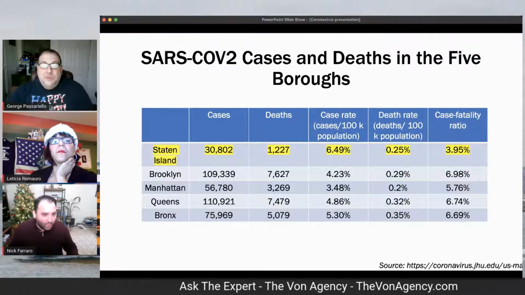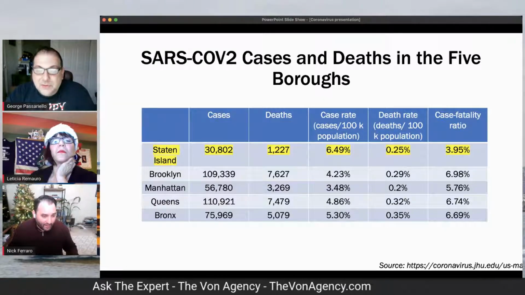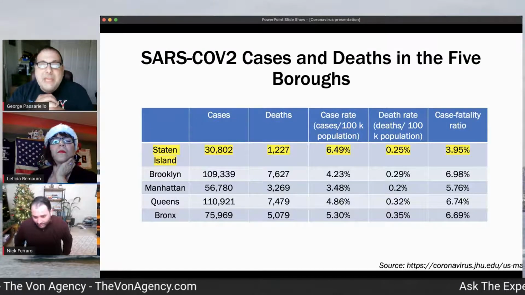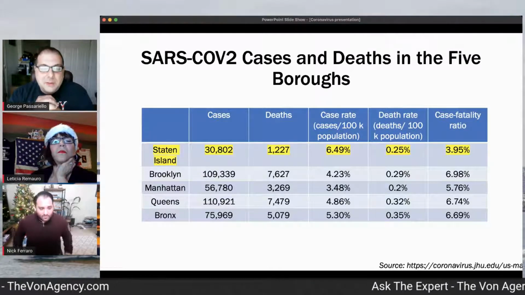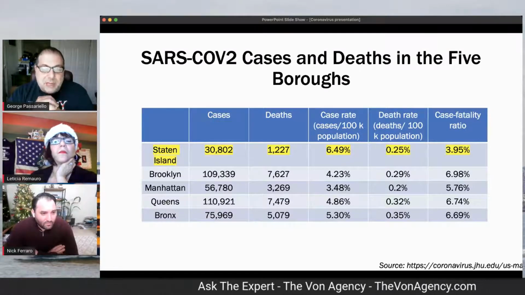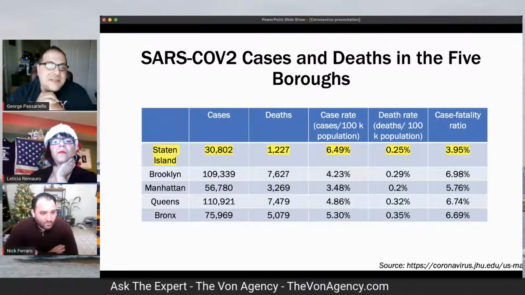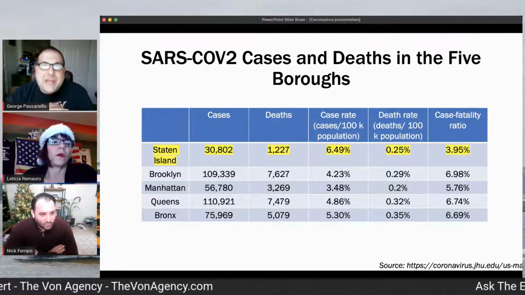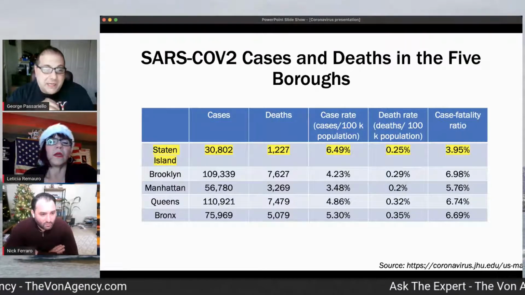What is different about the other boroughs compared to that? We are different, right? We probably have more people in the home. I don't know the actual numbers, but I assume Staten Island has larger homes than Brooklyn, larger family gatherings because of that. Maybe, I don't know.